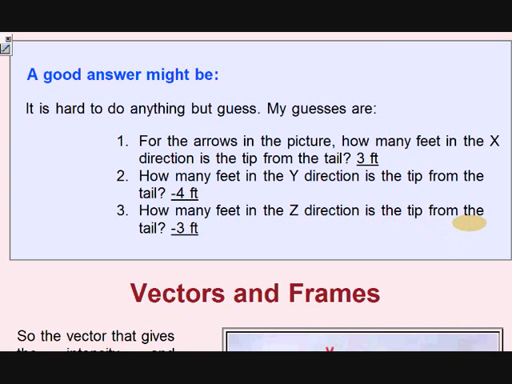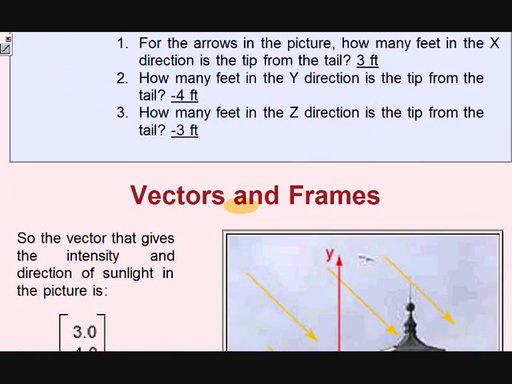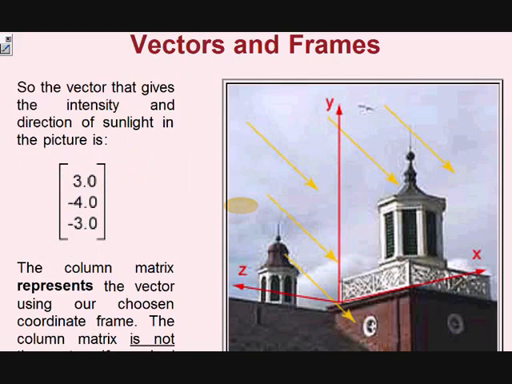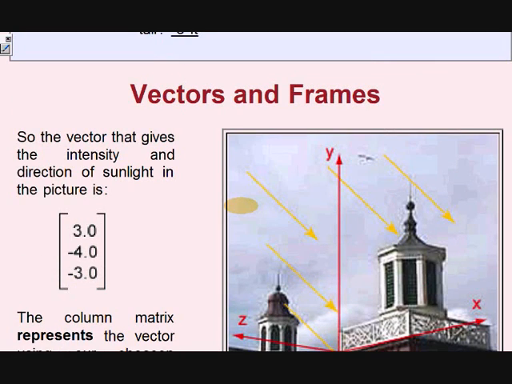And then with this, let us come to vectors and frames. We are going to build a frame with the help of the vectors. So the vector that gives the intensity and the direction of sunlight in the picture is (3, -4, -3).